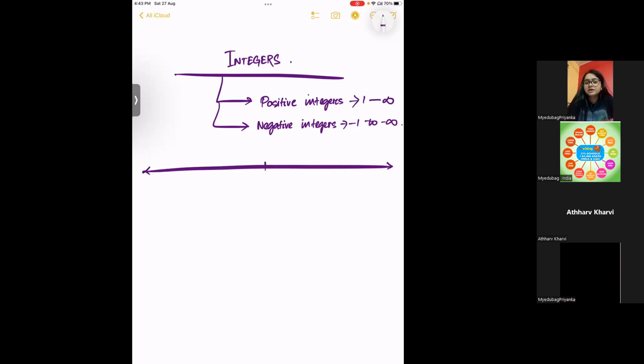In between is the origin, that is 0. The positive integers come on the right side, and to the left side we have the negative integers.